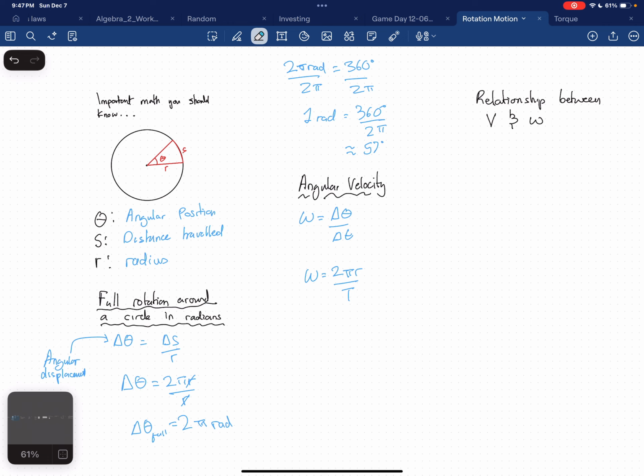And let me help you visualize the angular velocity. An object that's rotating has both an angular velocity and a linear velocity. So imagine this is my object rotating. My linear velocity is what helps make it move in a straight line.